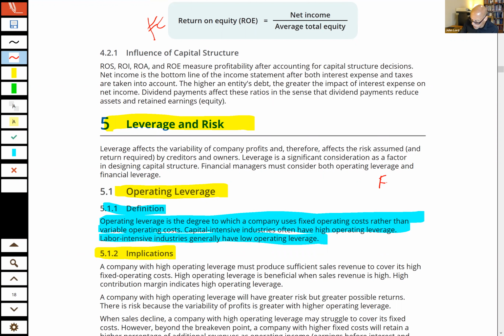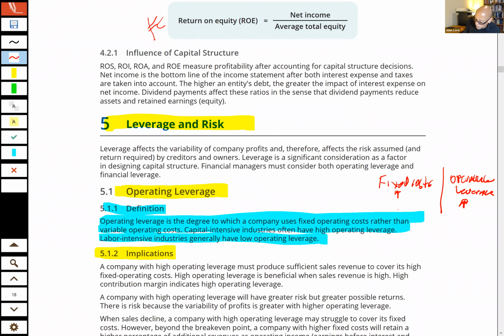If fixed costs are up, operating leverage is up.